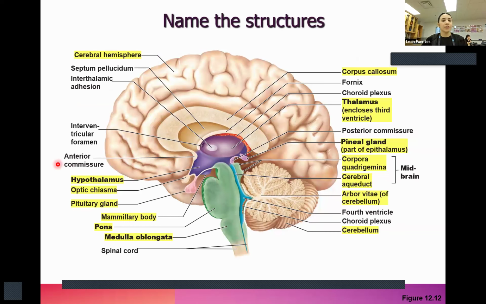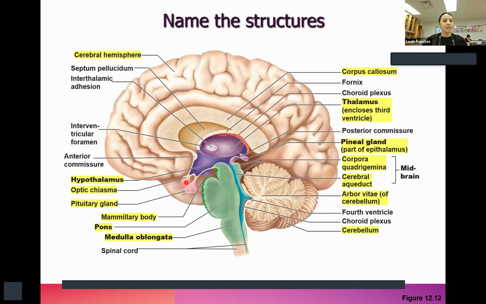Okay, and then we begin to name the structures of the brain. So this isn't everything you need to know. I do have a couple slides of the brain, but it is pretty inclusive. First, we have our cerebral hemisphere. Let's see, our interventricular foramen in here. We have our hypothalamus here.